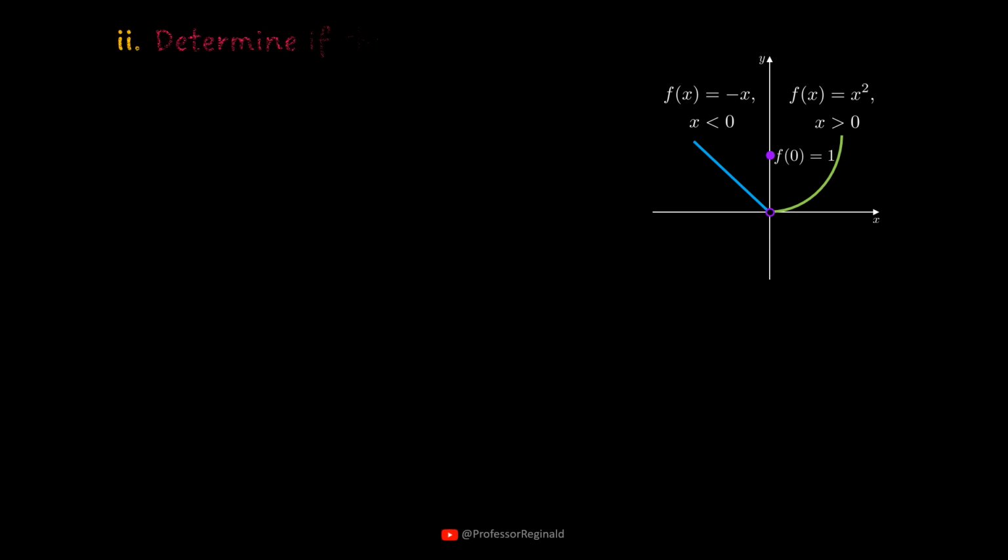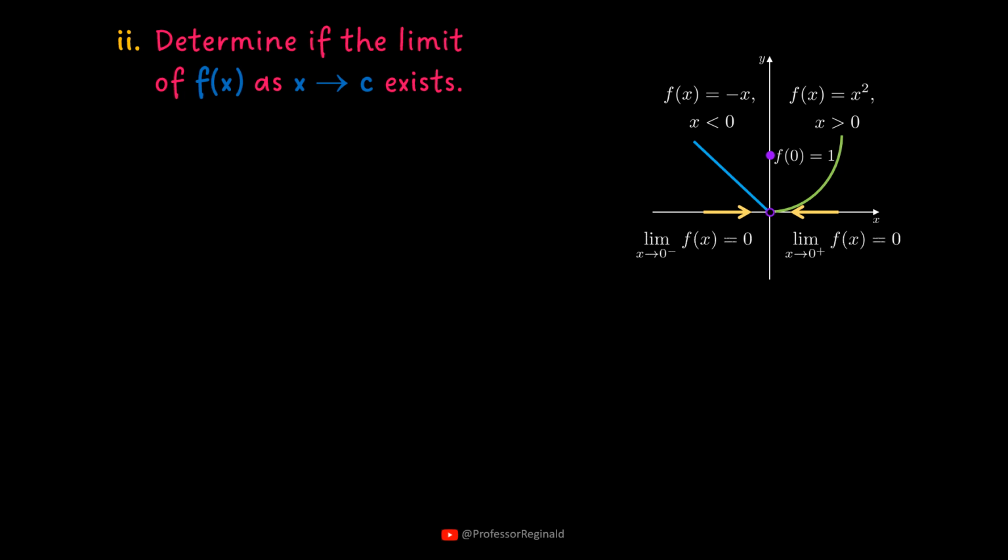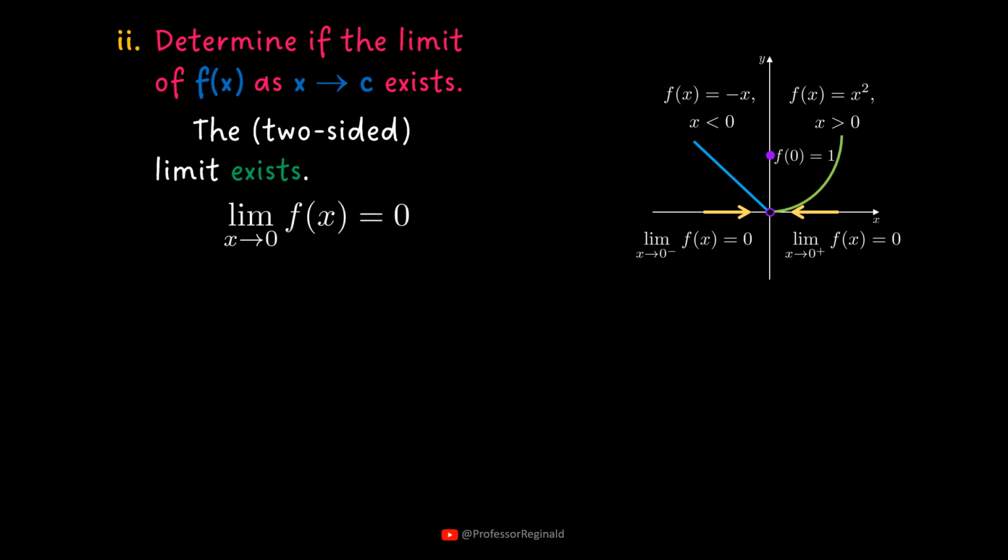Second, determine if the limit of f of x, as x approaches c, exists. From the example number 2. A. The one-sided limits are equal and are equal to 0. Hence, the two-sided limit exists, and it is equal to 0.